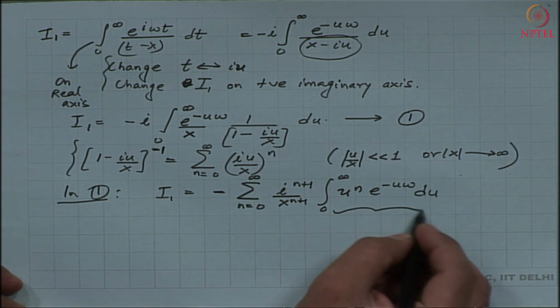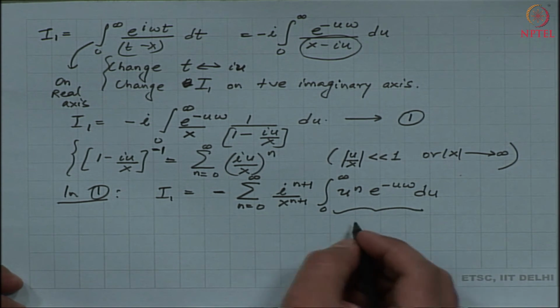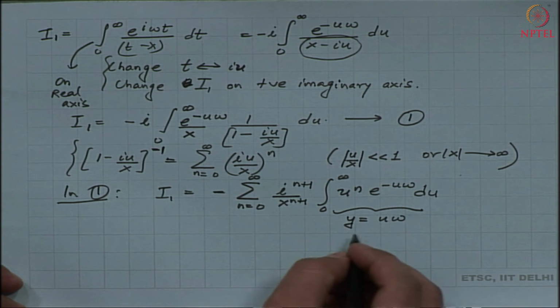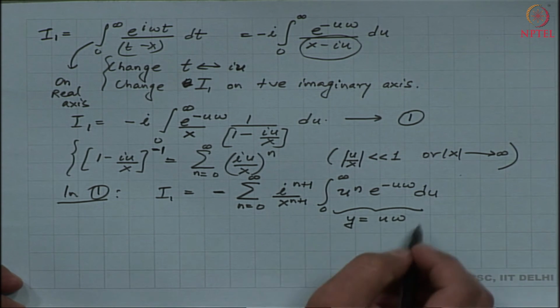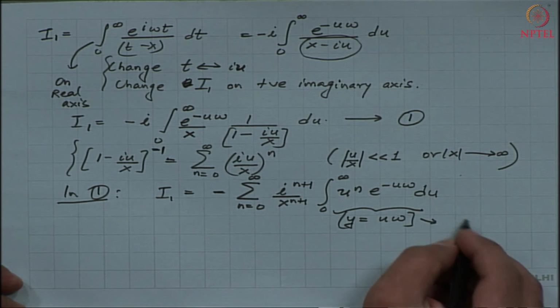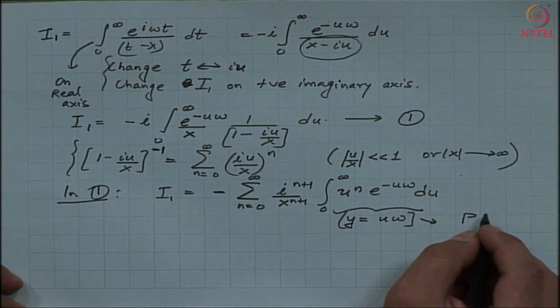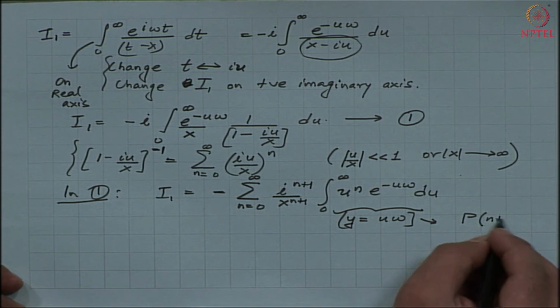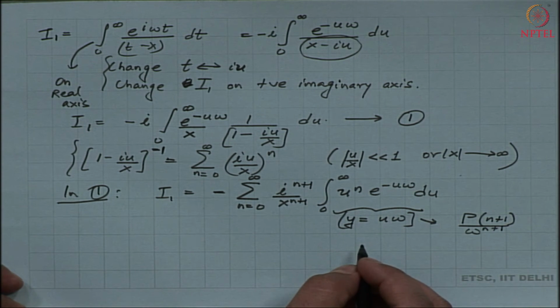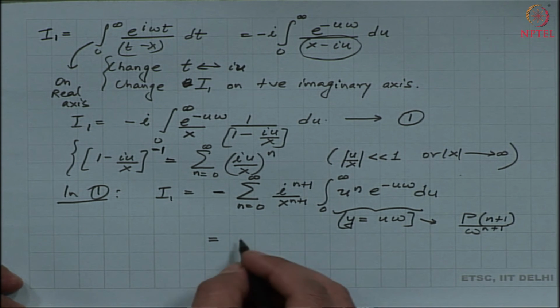Notice that for this second integral, if I replace my variable, let us say y equals u omega, then after this substitution I can see that this particular integral is nothing but the gamma function. This is going to be the gamma function of n plus 1 divided by omega to the power n plus 1. Okay. So substituting that, I get that my I1 is negative, the sum n from 0 to infinity.